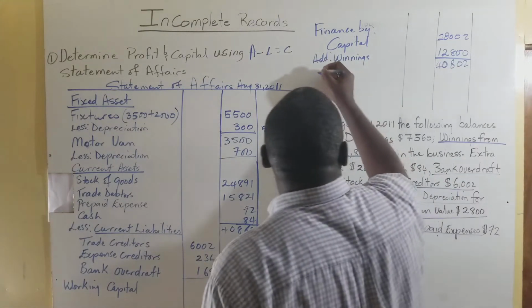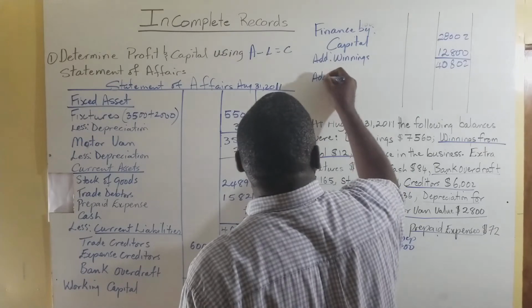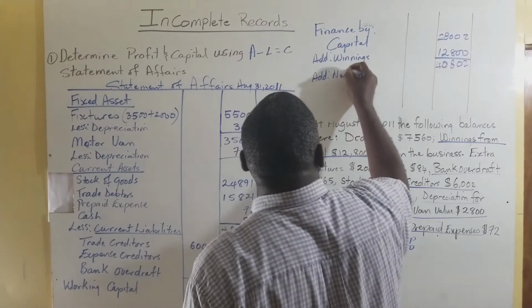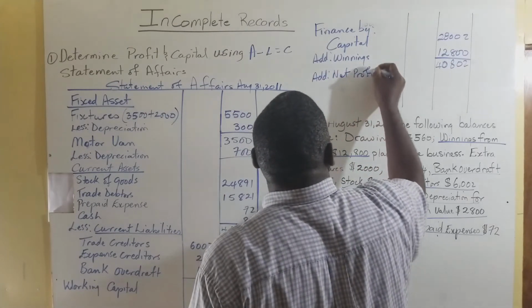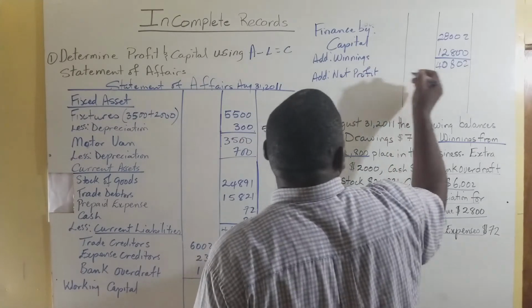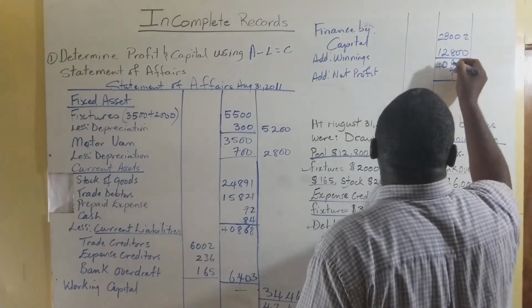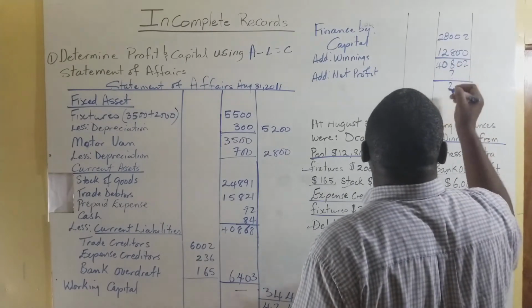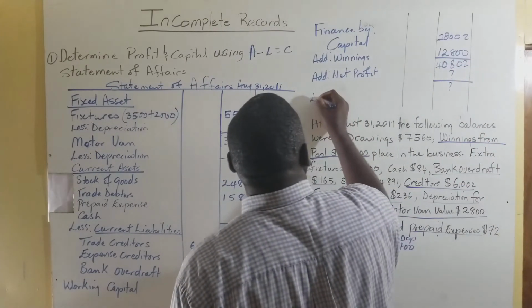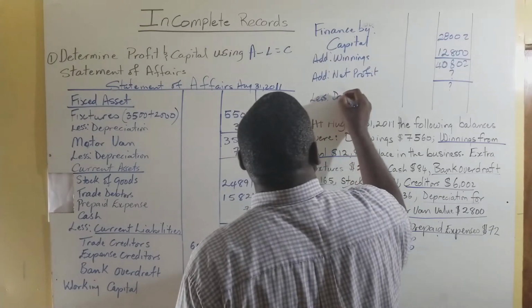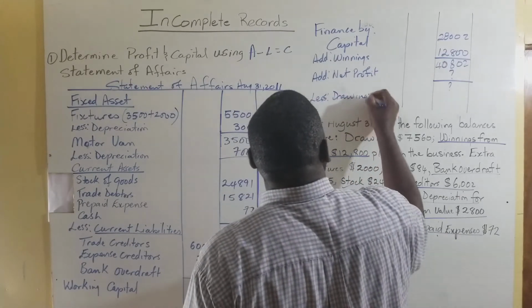Now, our next move is to add the net profit. But the net profit we don't know. We're going to put a question sign there, and we'll put another question sign there. Then we would have less or subtract our drawings figure.